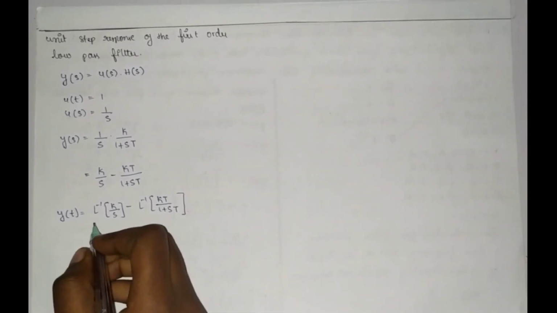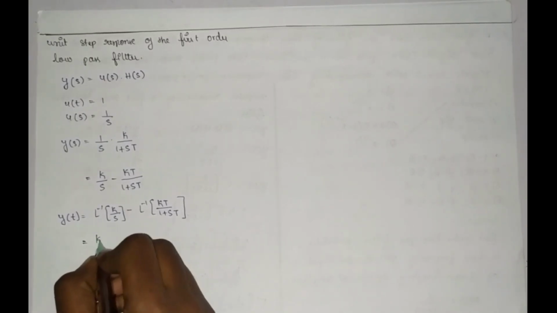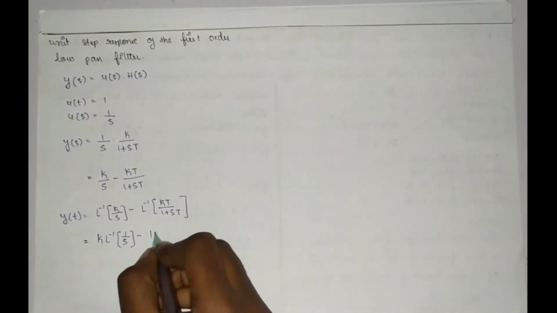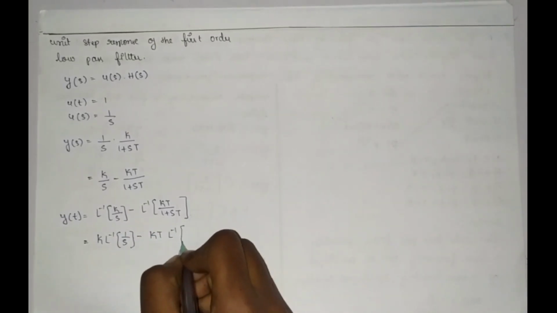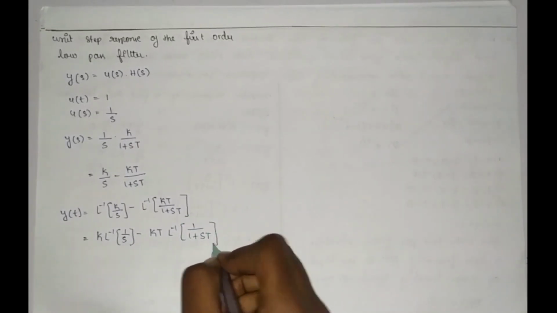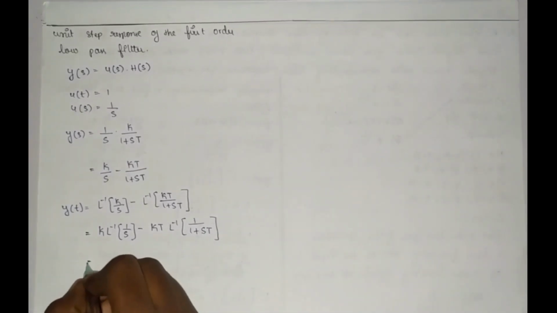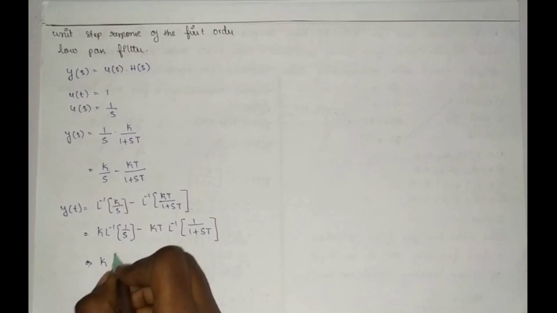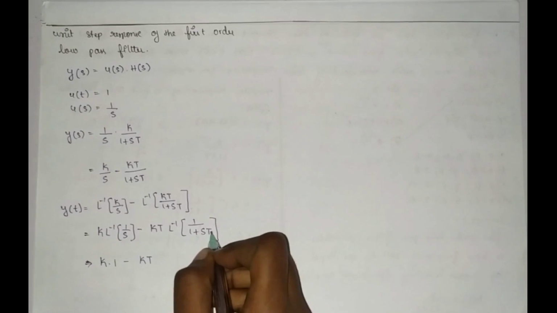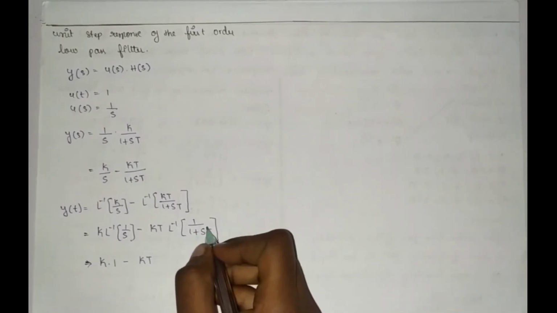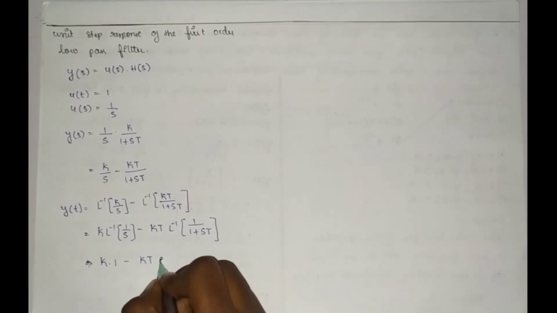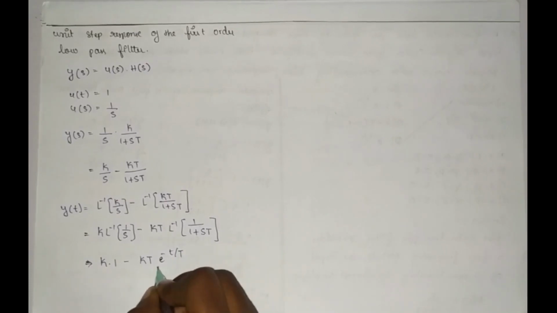which is equal to k into L inverse of 1 by s minus kt into L inverse of 1 by 1 plus st, which is equal to k into L inverse of 1 by s is equal to 1, minus kt into L inverse of 1 by 1 plus st, which is solved in the last few minutes, which is equal to e power minus t by t divided by t.